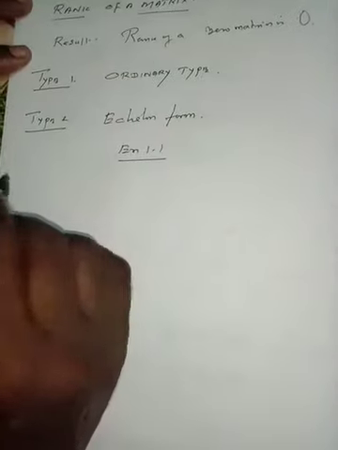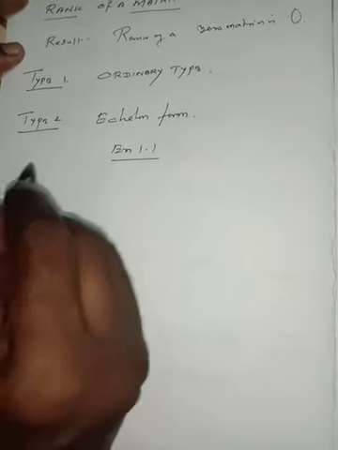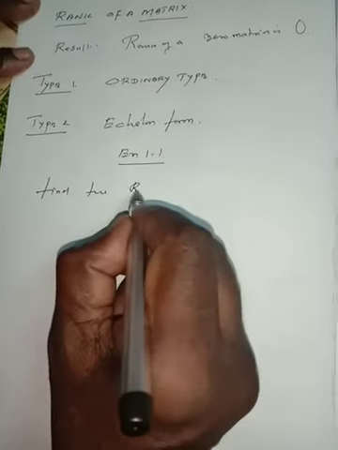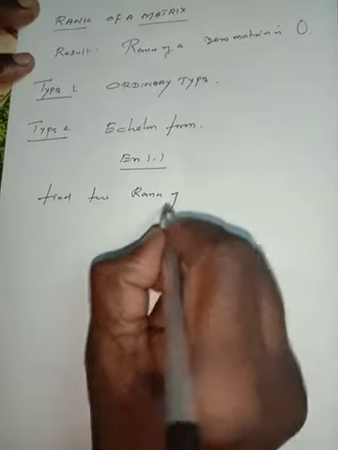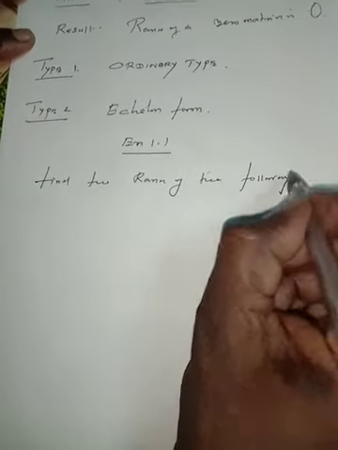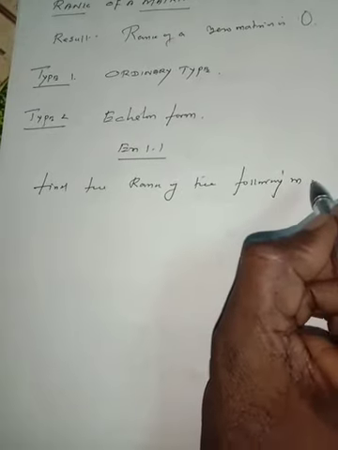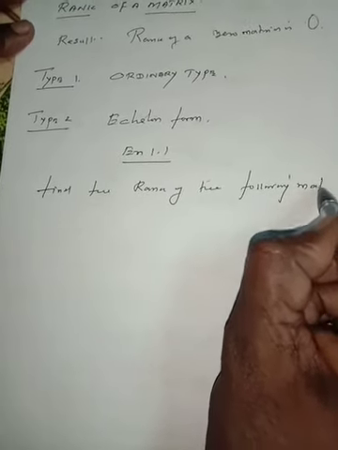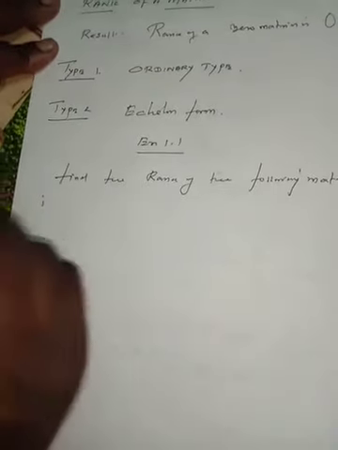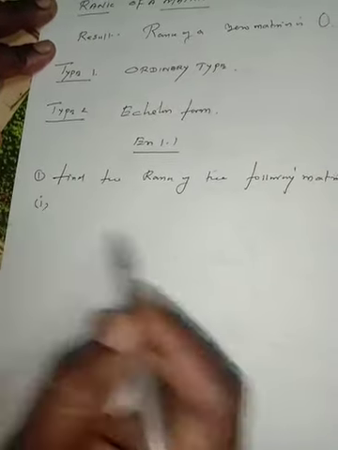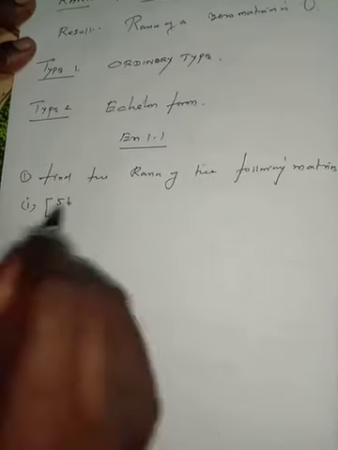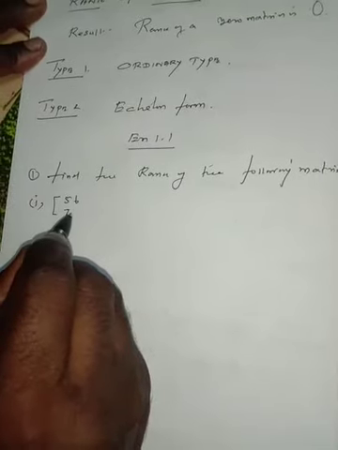Sum number 1. Find the rank of the following matrix. Subdivision number 1: 5, 6, 7, 8.